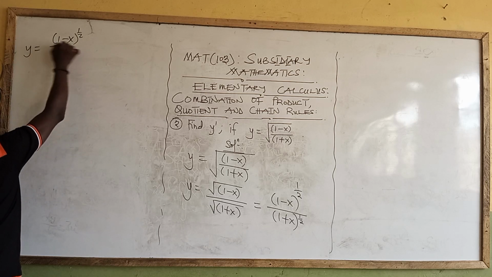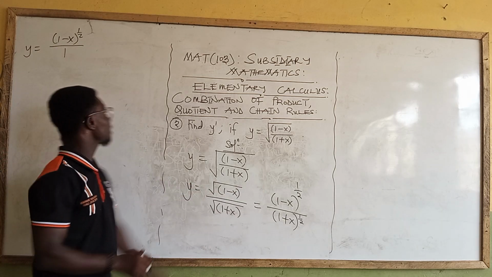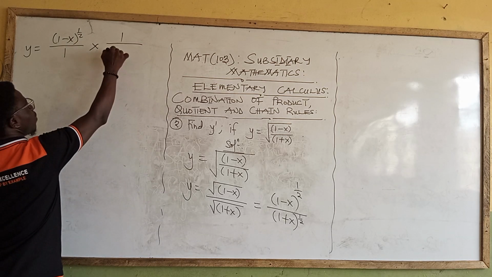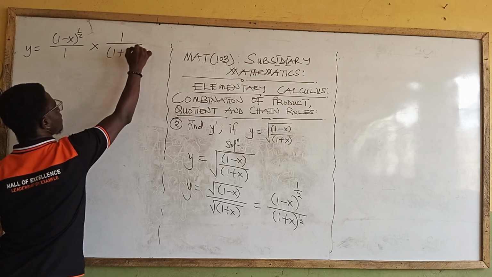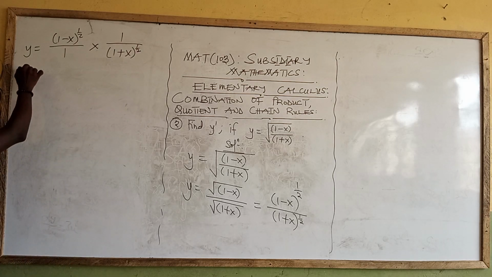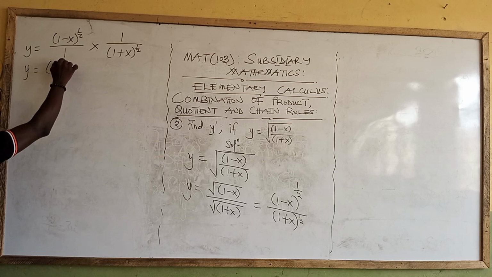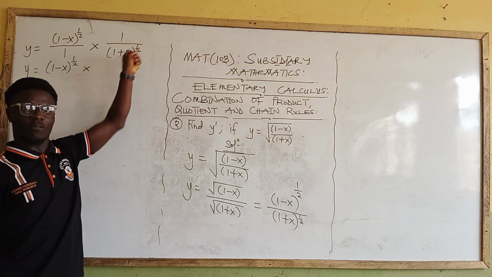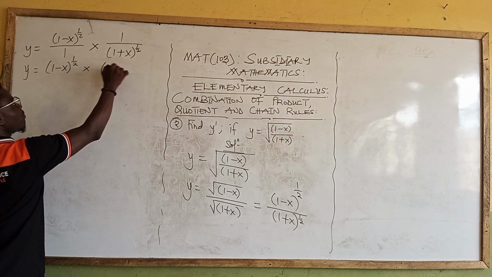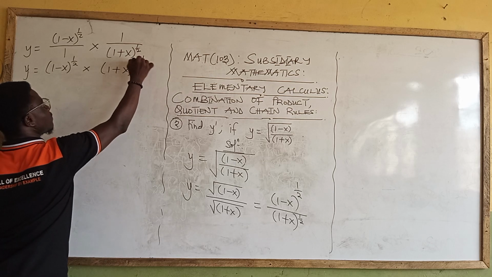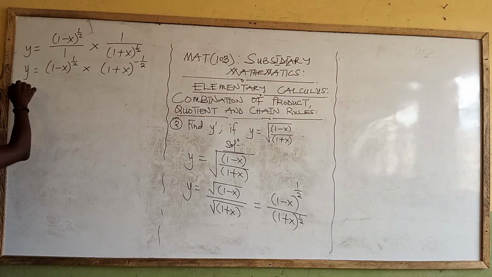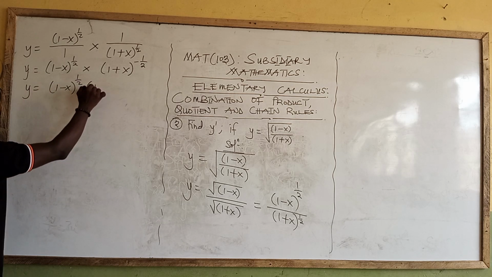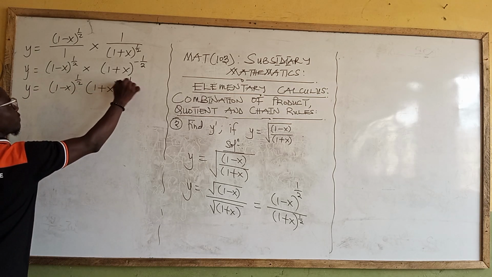Then this one is over 1, right? I'm separating that. So times I can get 1 over (1 plus x) exponent half. So I can get my y equals (1 minus x) exponent half times, I can take the inverse of that, so I have (1 plus x) exponent negative half. So now we are multiplying. I get y equals (1 minus x) exponent half and (1 plus x) exponent negative half.